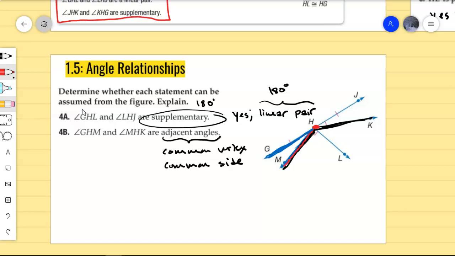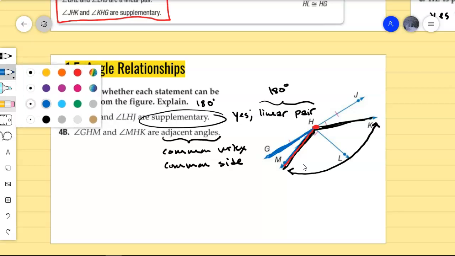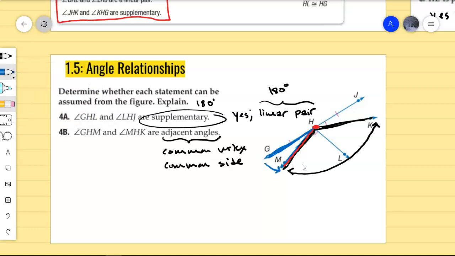And finally, they don't share any common interior points, meaning they basically open up into two separate sections of the page. Notice how the black angle is opening up into this section of the page. The blue angle is opening up into this little section of the page, right?